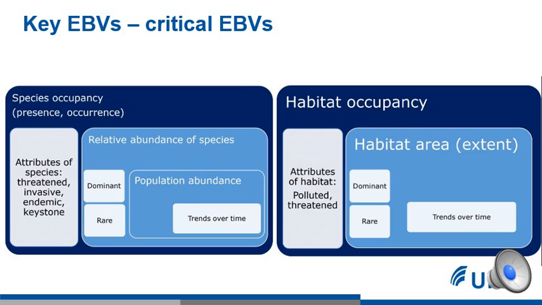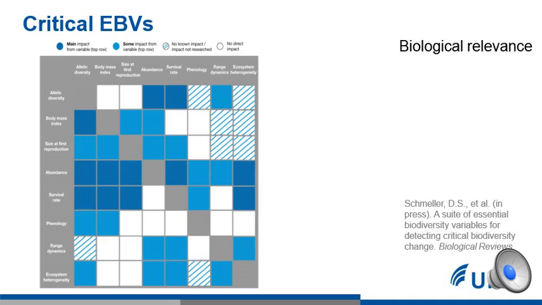Meaning, a critical change is something which is difficult to reverse at the end. And that's where we came up with a suite of essential biodiversity variables, well, for the moment it's 8, but only 6 of them might really be informable with the current data set.